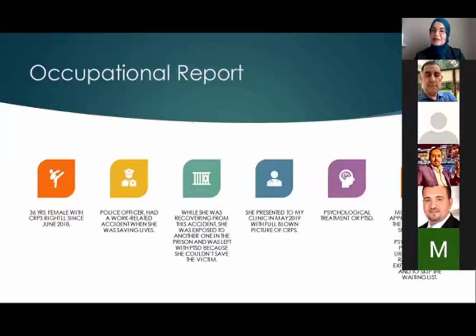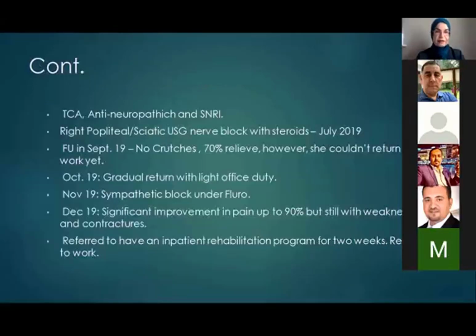There is also a specialized pain nurse who gives her a pain management program, with psychology and physiotherapy involved. An urgent alert was raised by me at that time to expedite the treatment and skip the waiting list, because the longer we stay with CRPS, the more the disability and prolonged discomfort.